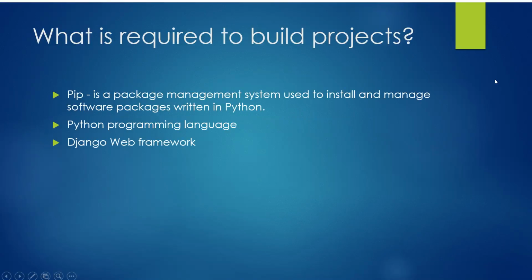The software that is required to build these projects are pip, Python, and Django. Pip is a package management system. It installs the software packages that Python will use to create these applications or projects.